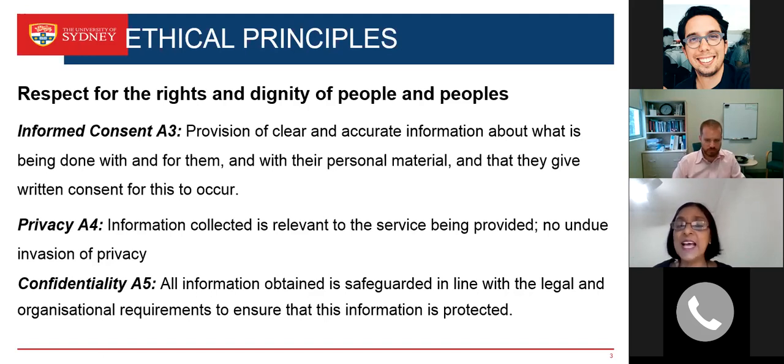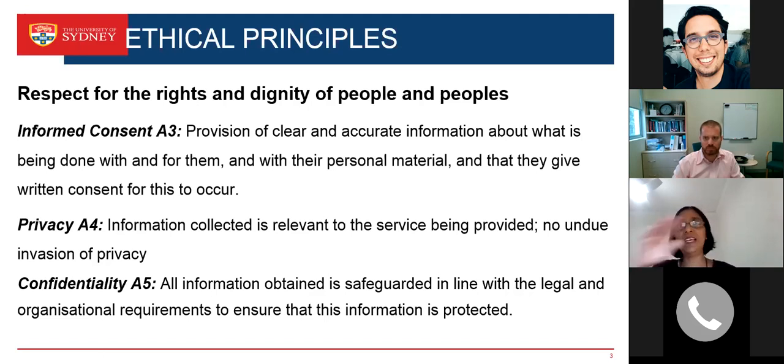Whatever we collect has to be relevant to the service being provided. We don't just write anything and everything. Now, this is quite interesting, because in our session, I'm thinking about clinical assessment and treatment. Anything and everything may very well come up. Our responsibility is that we're not just probing and curious for the sake of it.